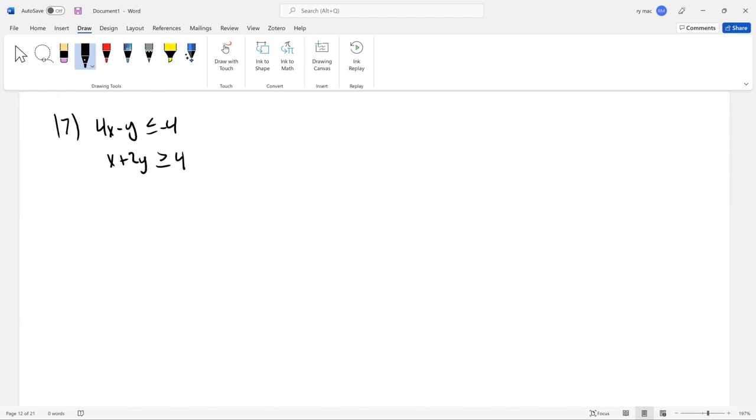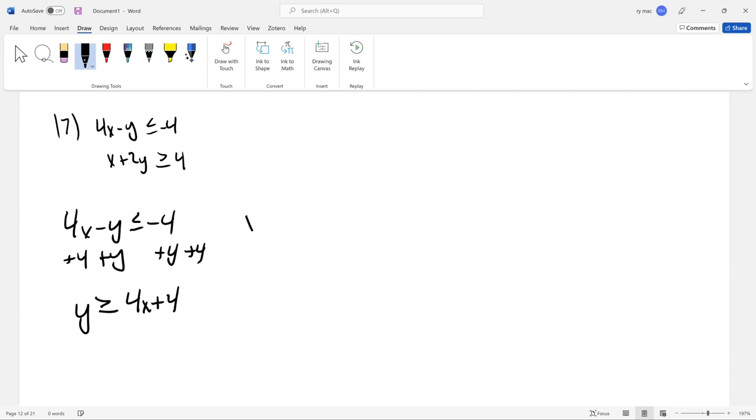For these, I'm going to want to make it look like something that's easier for me to graph. In that case, usually getting y alone on one side. As for my top one, 4x minus y is less than or equal to -4. I'm going to add y and add 4 on both sides. So I get that y is greater than or equal to 4x plus 4.